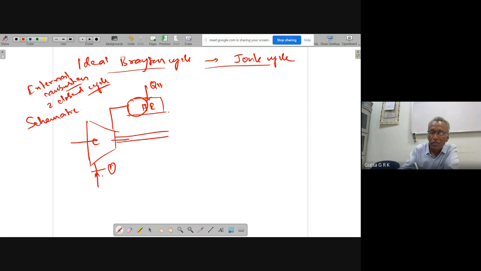Okay, this is to be run by a compressor which takes a work of WC. So here there is a turbine, and this goes here, and it produces total WT.